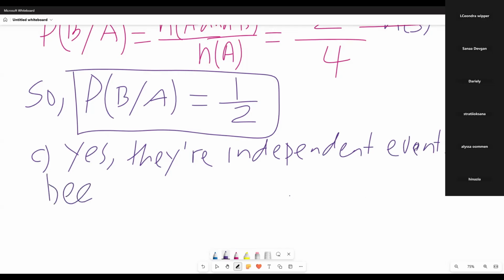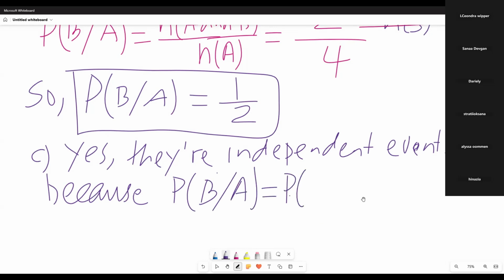Because the probability of B given A is equal to P of B, which is 1 over 2. So the two events are independent because the probability of B given A equals P of B.